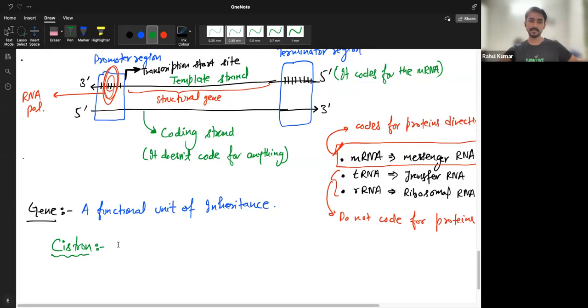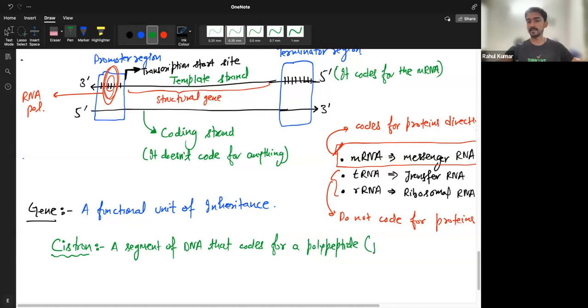Cistron is defined as a segment of DNA that codes for a polypeptide.